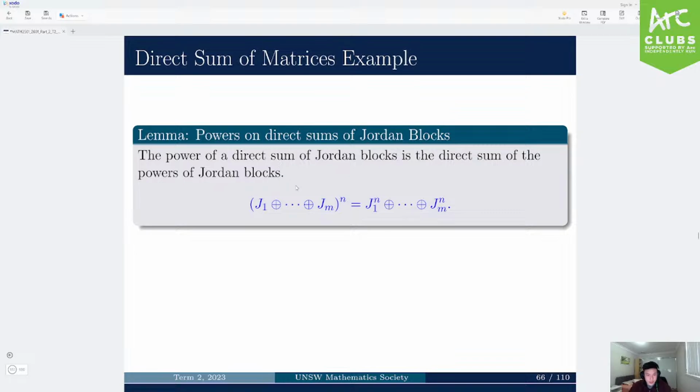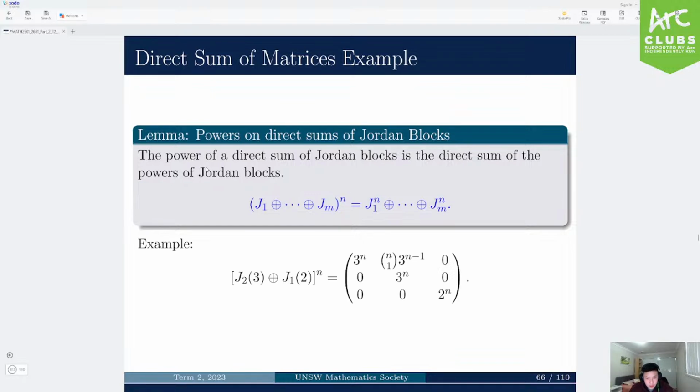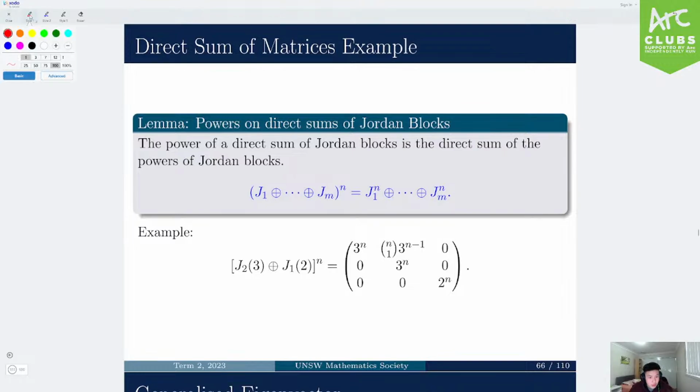Quick lemma here: if we take the power of the direct sum of Jordan blocks, that is the same as taking the direct sum of the powers of the Jordan blocks. Okay, so in this case here, this n here, we just chuck it straight inside, and they are going to be equal. Again, example here, we have J2(3) direct sum with J1(2), all to the power n.